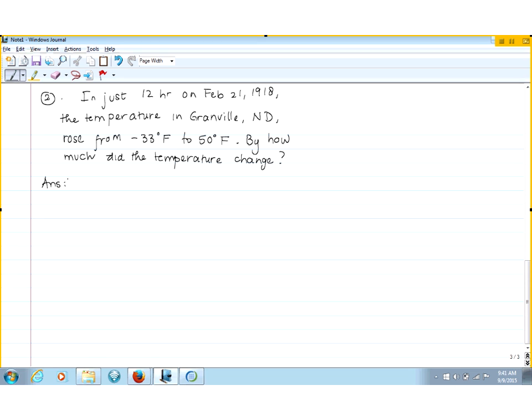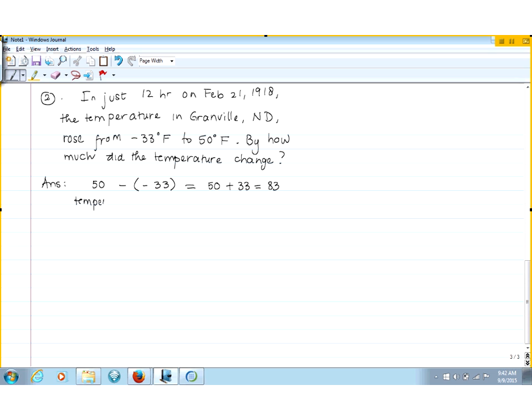By how much did the temperature change? Does it increase or decrease? Increase. So you know your answer must be positive. Good. So how would you answer this? 50, what is it? Minus negative 33. So what is 50 minus negative 33? 50 plus 33, which is 83.